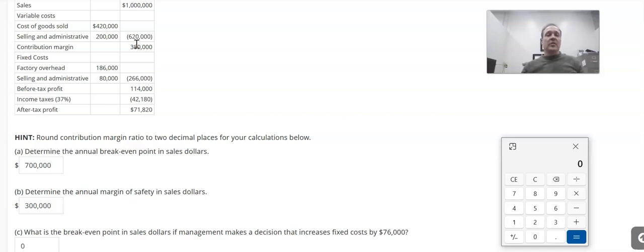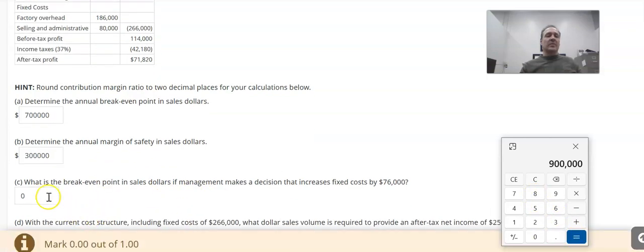So our fixed costs before were $266,000. So let's go ahead and put that figure back on the calculator. And now all we're doing is maybe we've had an advertising campaign, something like that. We're just increasing it by 76 grand. Okay, that gives us a new fixed cost amount of $342,000. We're going to divide that by 0.38, and we come up with 900,000.